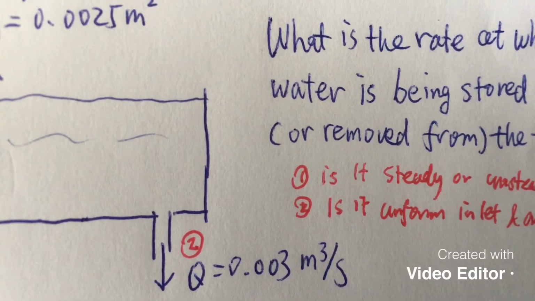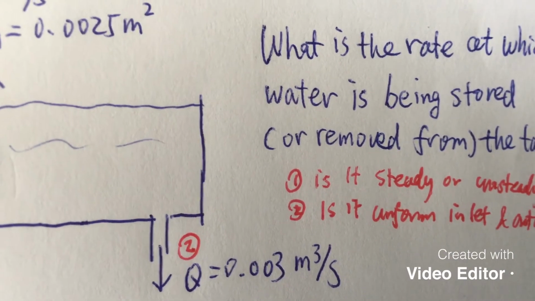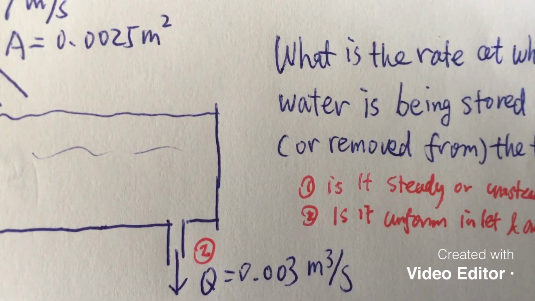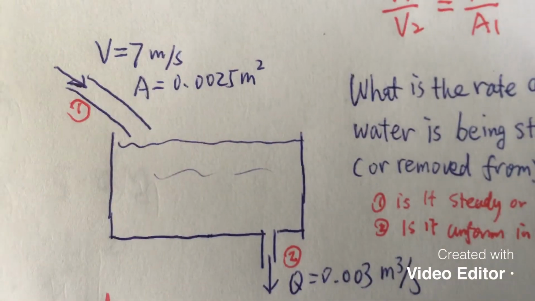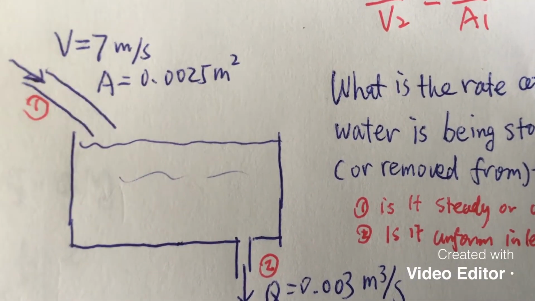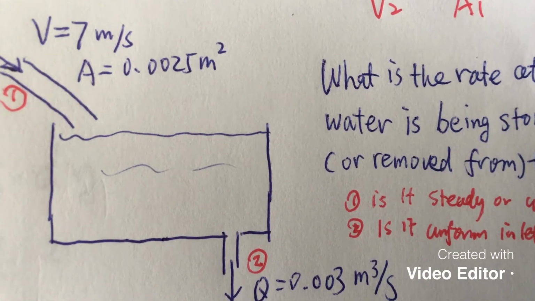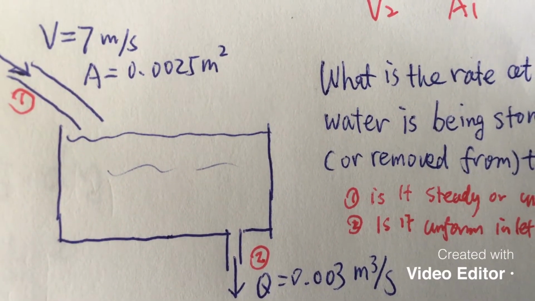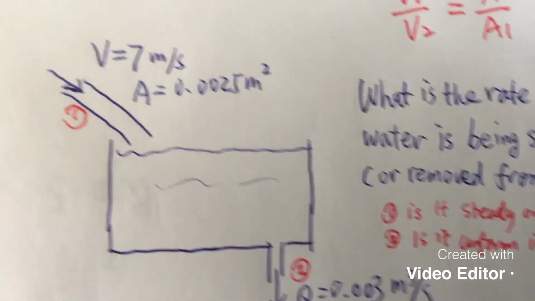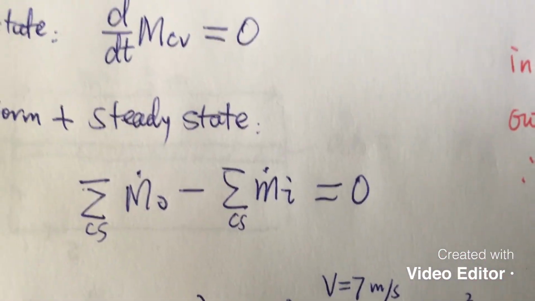So your mass flow rate is just rho times Q, so it doesn't matter at the outlet. So it's a uniform inlet velocity problem, right? Uniform inlet and outlet, you can say that. So it's unsteady and uniform inlet and outlet. Okay, so which equation do we use?